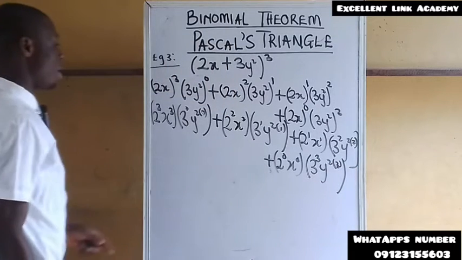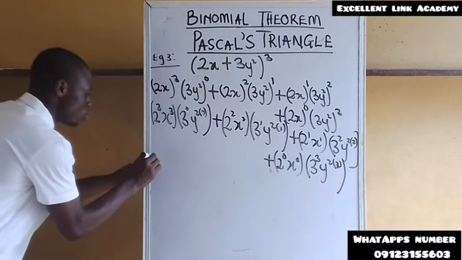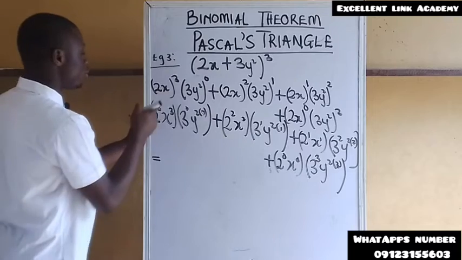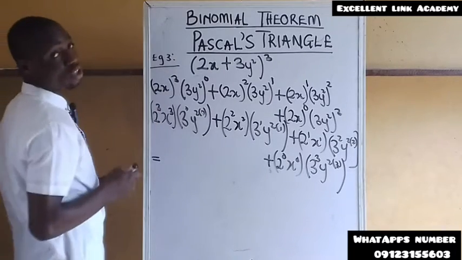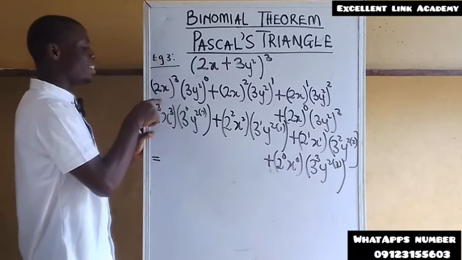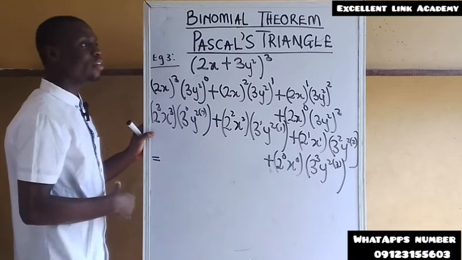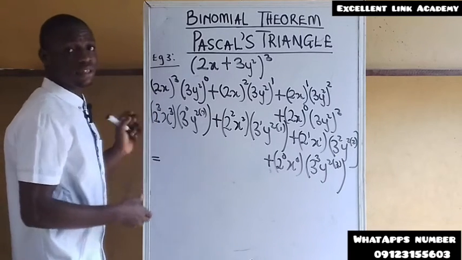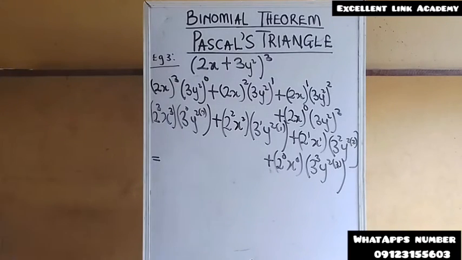Next up, 2 to the power 3 is not 6. Please take note of that. 2 to the power 3 is not 6, rather it is 8. Alright, what do I get?